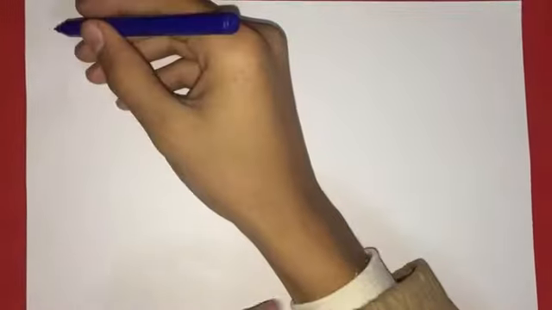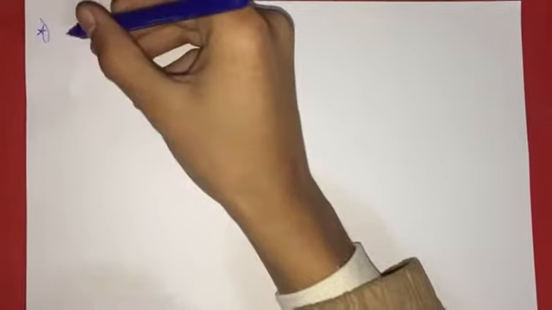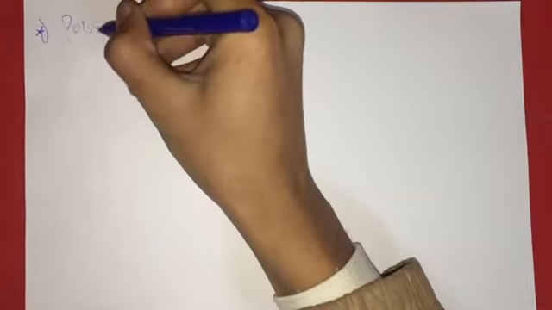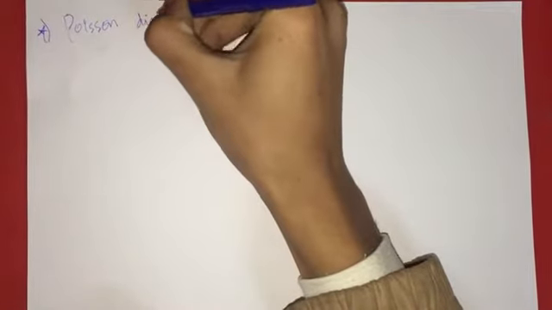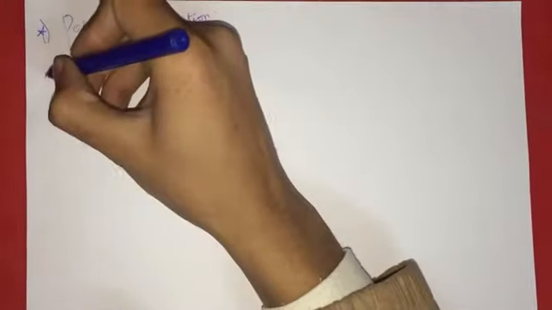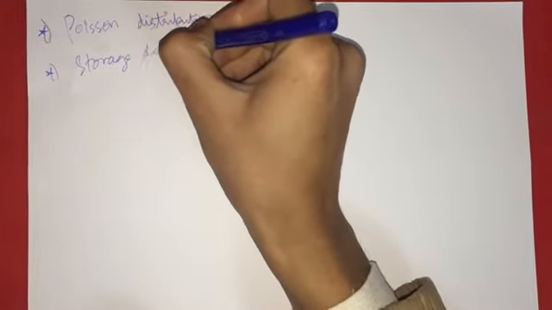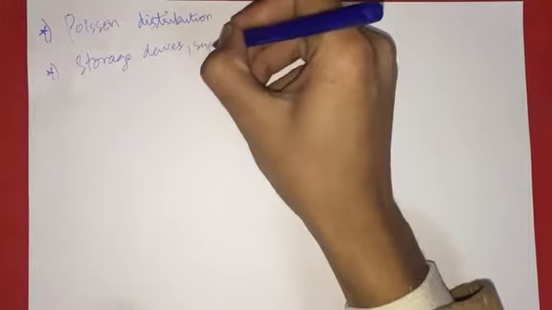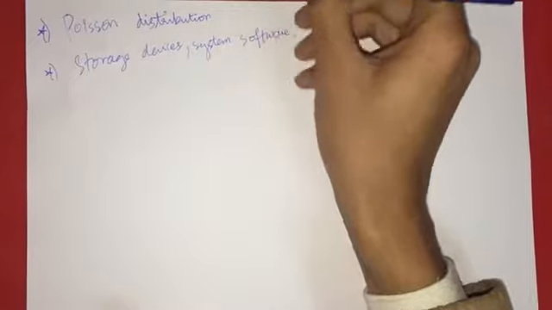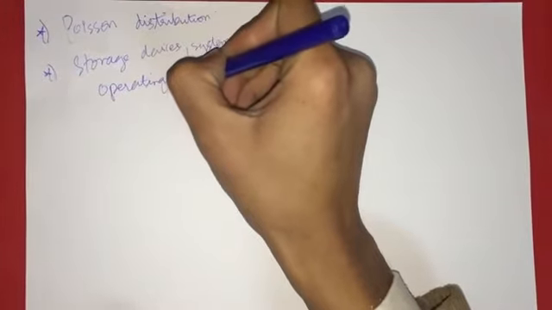So today what we are going to learn will be about some stats. What we are going to learn today is going to be about the Poisson distribution, and also if we have time, we are going to learn about some storage devices and system software, and specifically operating systems.